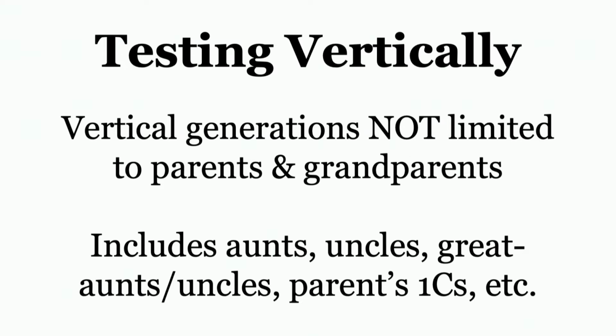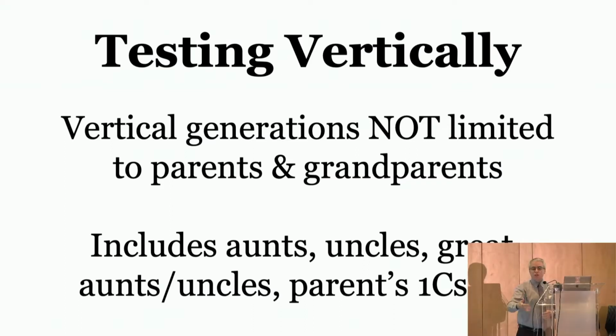Because often, especially in large families, there's a big generational gap between the first child and the last child, which means there could be a huge gap between the first set of first cousins and the last set. So many of us even have our parents' first cousins that might be our age or slightly older.